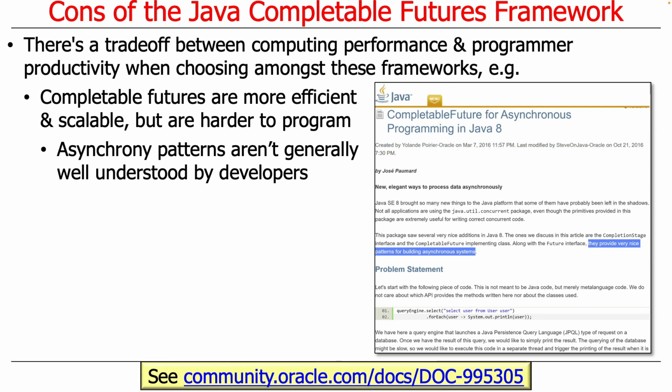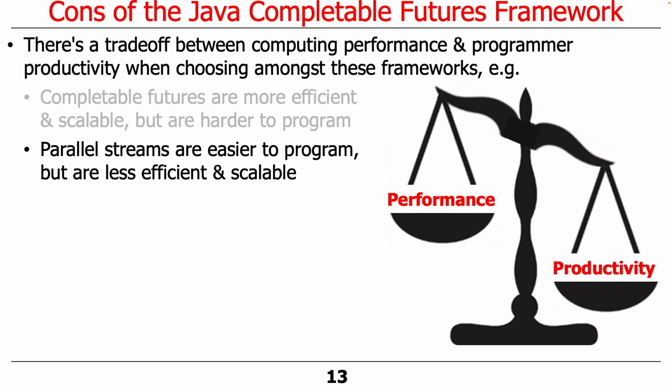But the web programming abstractions for asynchrony are not typically as clear and clean as the Java completable futures ones are. As a consequence, we just haven't thought as much about the patterns of asynchronous programming, so it's not surprising it looks more complicated. Once you learn them, they're not quite so bad, but it is a learning curve that you have to climb and master at some point. So bottom line, parallel streams are easier to program, but are less efficient and less scalable.